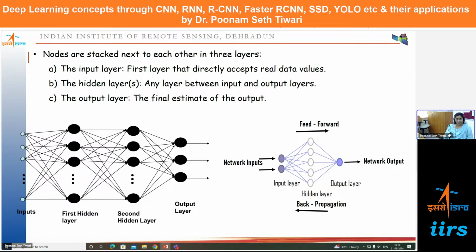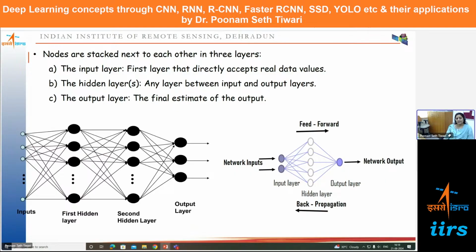Now these nodes are stacked next to each other, and there should be a minimum of three layers. One is the input layer, the first layer that directly accepts the real data values, the input values.